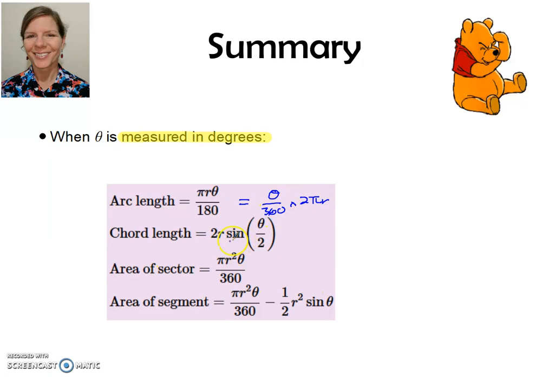The chord length: they've used 2r sine theta on 2, or you've got the one that you can use for the cos rule. Area of sector is theta on 360 pi r squared, just your proportion of area, and then your area of the segment is your area of the sector minus the triangle. And just remember to check, is it major or minor that they're asking for?